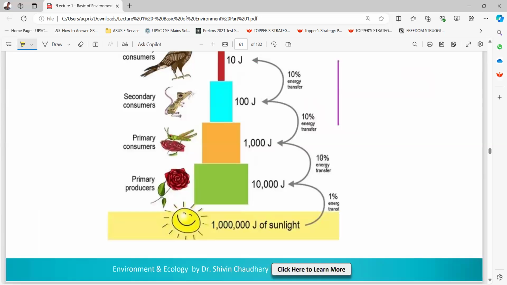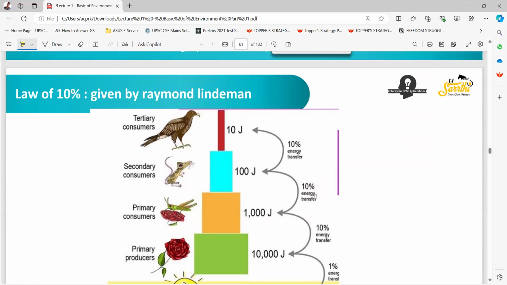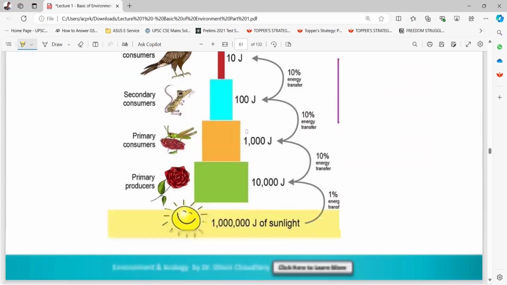Then 10% energy transfer, primary consumers 1000 joule. Then 10% energy transfer made into 100 joule, secondary consumers, and 10% energy transfer, tertiary consumers 10 joule.